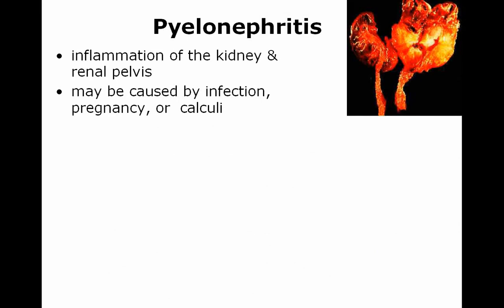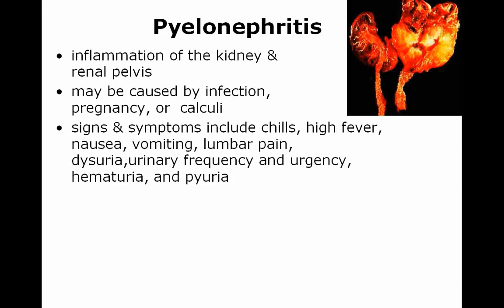Now, calculi, having stones in the kidney, can also cause pyelonephritis. Just the condition of being pregnant may result in pyelonephritis, but more often the patient has pyelonephritis because of an infectious agent. Figure 11.9 in your book does a good job to demonstrate some of the causes of the infections.